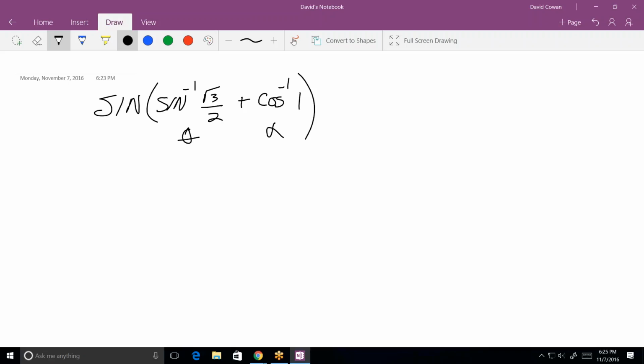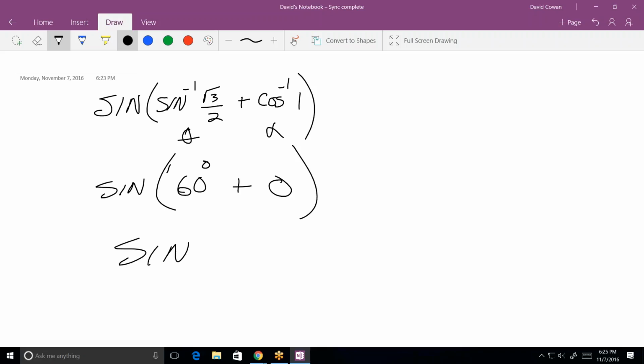What's the inverse sine of square root of 3 over 2? Is it 30 degrees? 60. Oh, it's 60. Okay. What's the inverse cosine of 1? Isn't that 0? Yep. So now the problem is, what is the sine of 60 degrees?